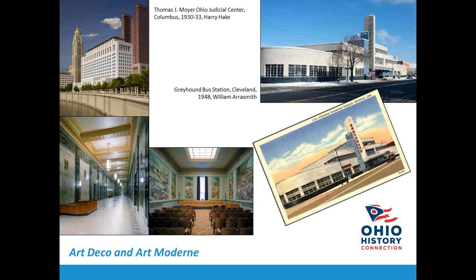Meanwhile, on the right, the Greyhound bus station in Cleveland, Ohio. Here's a new building type, the bus station terminal, and also the building being designed and seen as advertisement, the realization that industry and advertisement were sources of visual arts. And here's this art moderne, more rounded, curved corners, certainly an emphasis on movement.